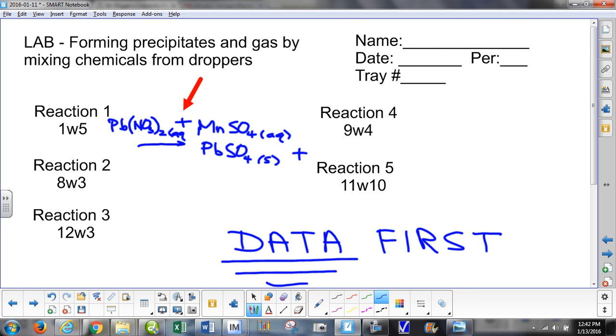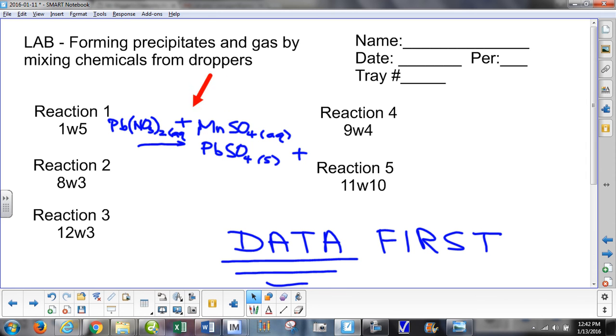If you look on the left side of your equation, you have lead. Okay, lead's down here, no problem. Nitrate, I don't see any nitrate on the right side, so there has to be another product. That other product is the manganese, which also doesn't show up over here.